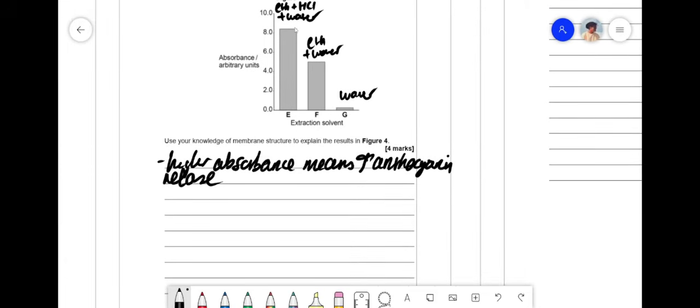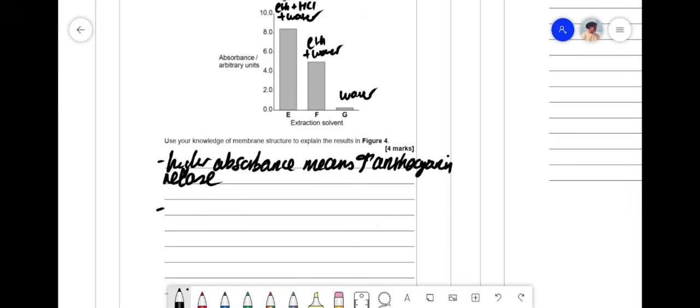So why is ethanol and HCl going to have the highest amount of anthocyanin release? Well, it must mean that there's more damage occurring because of the acid presence. We need to explain why this one's so high.